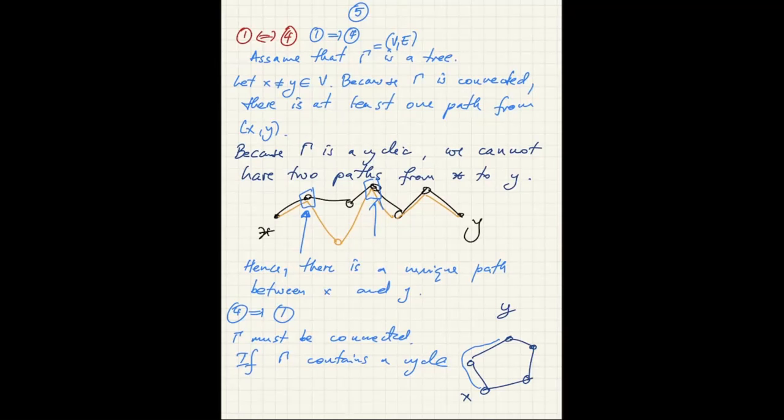You can go this way, and you can go the other way. So if X and Y are two vertices on that cycle, then there are two XY paths, which is a contradiction. Impossible. So that's basically the argument that the graph is connected and acyclic. Okay.